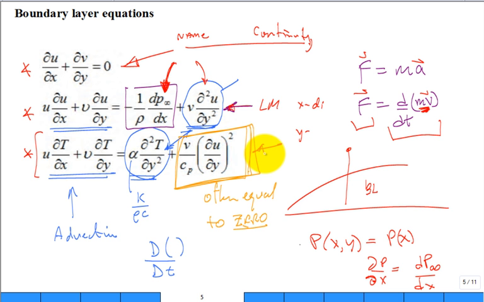Sure doesn't look like it, but that's viscous dissipation of mechanical energy, and it shows up in our energy balance equation. They show it to you, but very often it's equal to zero. Did I say very often? It's extremely rare in this class it would ever be anything but zero. I can't remember a problem or a time when it wasn't zero. But it's nice to be shown where it shows up and why it's there. And then say, bye-bye.